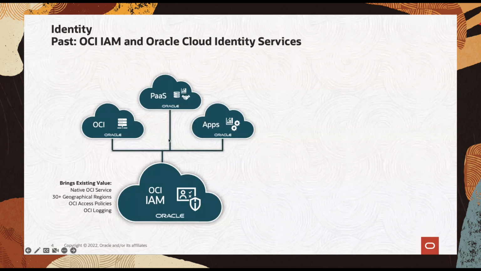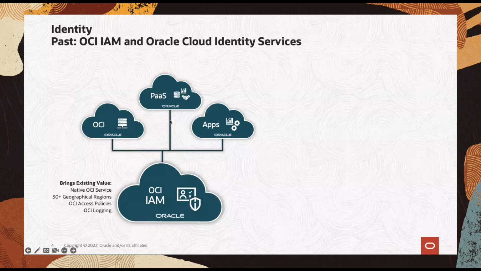For example, if you have a group of end users who want to be network administrators or need access only to network related resources, or maybe a group of users who need access only to the compute instances or database applications, how do you segregate or provide access to those different groups of end users based on the compartments? That you could do with the help of the OCI IAM.